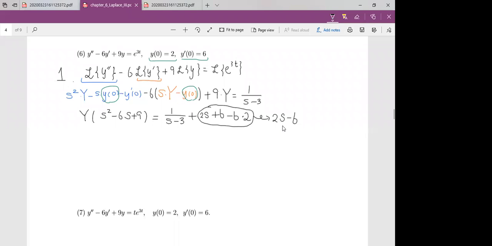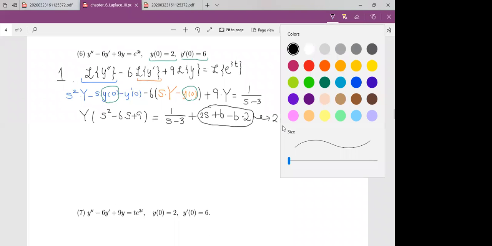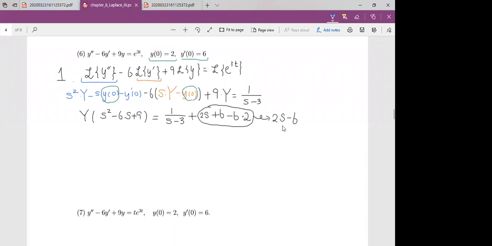Now that we have very long expression, we need to keep it organized and simple as possible. So if you look at this left-hand side, we have s squared minus 6s plus 9, which happens to be s minus 3 squared.